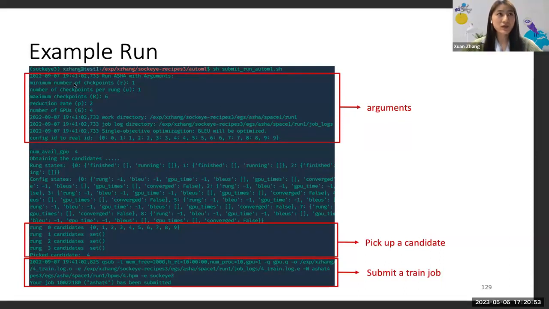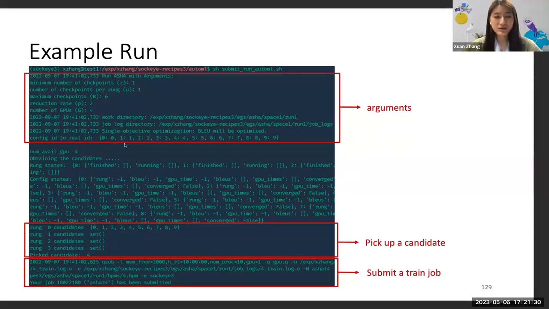We set the minimum number of checkpoints for each job to 1, and the number of checkpoints within each run also to 1, the maximum checkpoints to 6, the reduction rate to 2, and the total number of available GPUs to 4. This example is optimizing BLEU, which is a single objective optimization. It's also capable of doing multi-objective optimization, such as optimizing BLEU and, for instance, decoding speed at the same time.